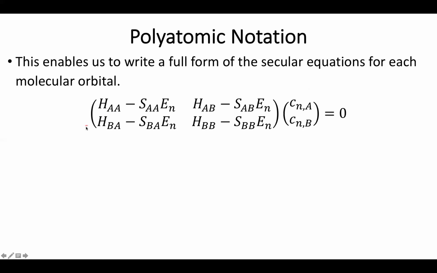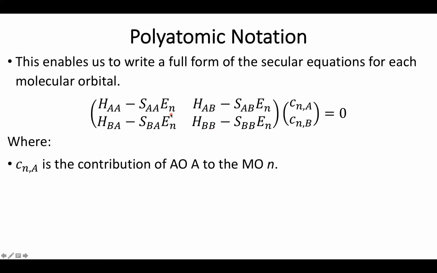So this is the full, most arbitrary way of describing the energies of a diatomic system. Again, we have our Coulomb integrals, we have our resonance integrals, and we have our overlap integrals. Then we have the energy of wave function n, and, important to note, we also have our contributions of atomic orbital A to molecular orbital n, and the contributions of atomic orbital B to molecular orbital n.